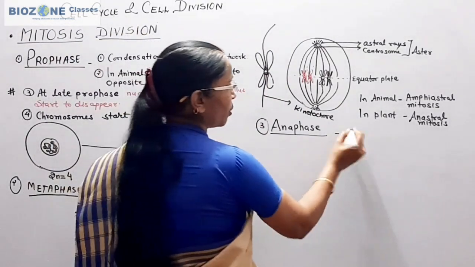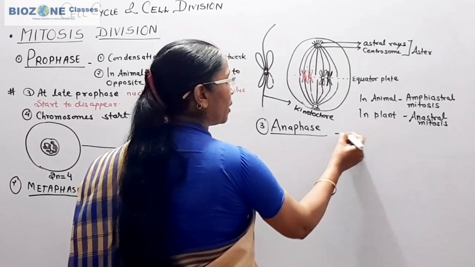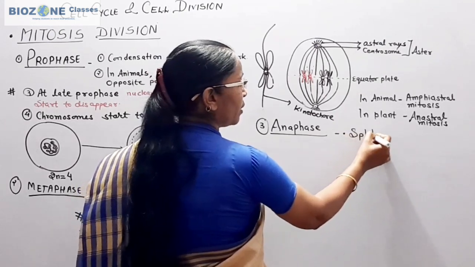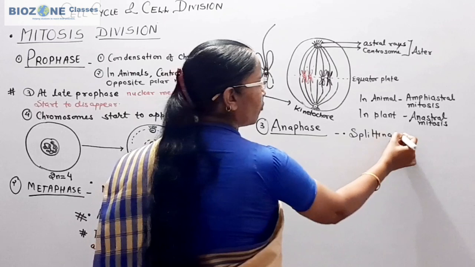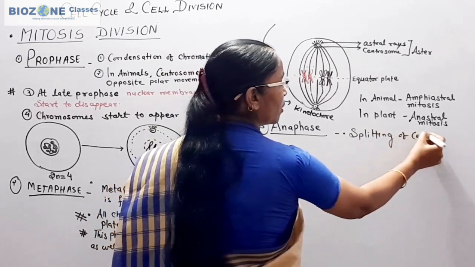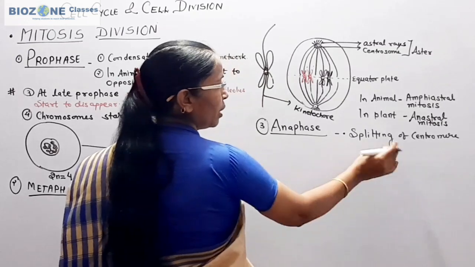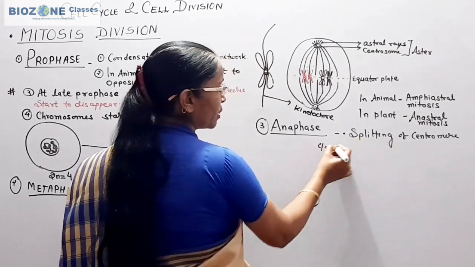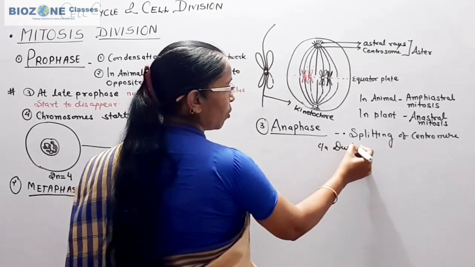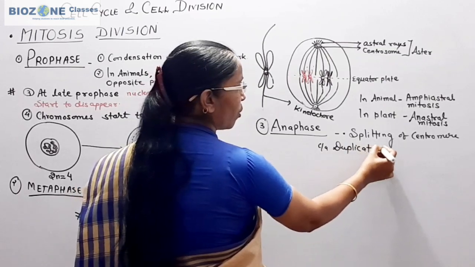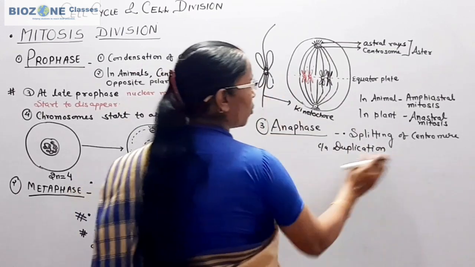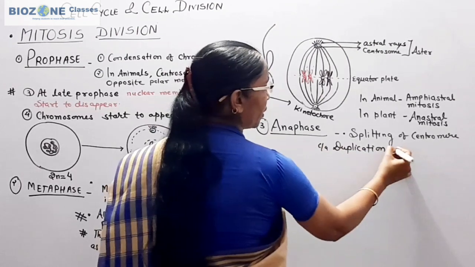So anaphase you remember is characterized by the splitting of the centromere, or the splitting of the centromere is also called the duplication of chromosome, because two chromatids now become separate from each other.